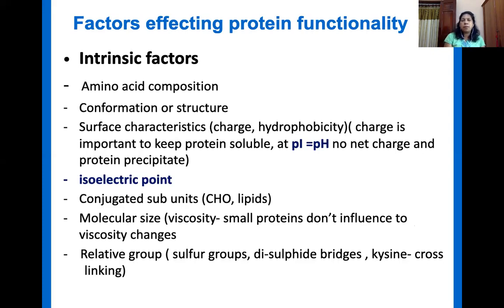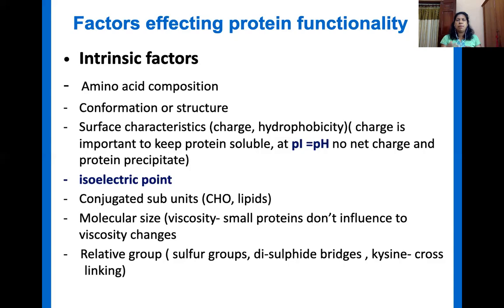The one is amino acid composition, whether bigger amino acids are there, whether small amino acids are there, whether hydrophilic, whether hydrophobic, whether it is an acidic one, whether it is a basic one, or whether it is a neutral one. So likewise, the amino acid composition. Protein means peptide chains, basically. Peptide chains mean different types of amino acids getting together.